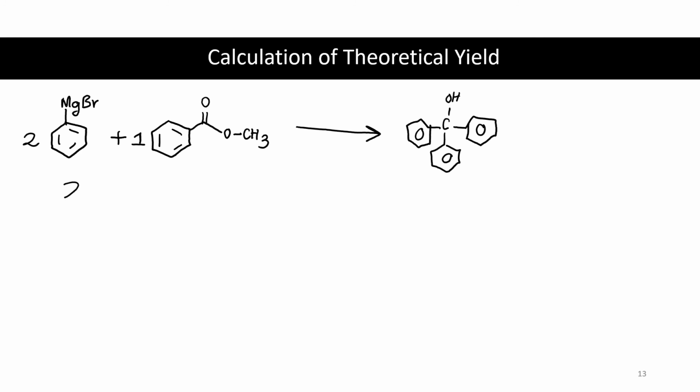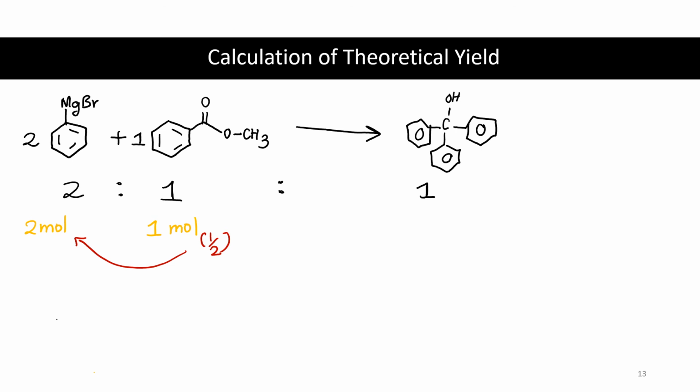So the molar ratio is 2 to 1 to 1. This means if you have 2 moles of phenylmagnesium bromide, for that to completely react, we need at least 1 mole of the methyl benzoate. So that is exactly half the amount you have here.